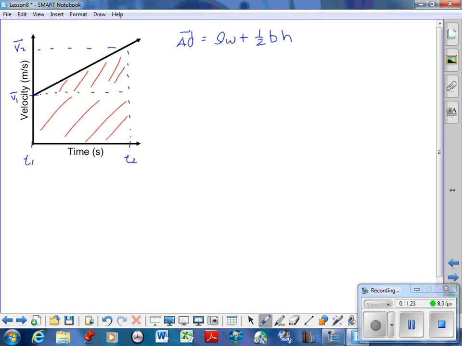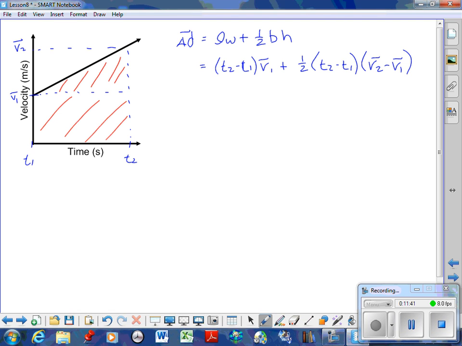It looks very similar to how we started the previous question, but I'm going to do a little bit different algebra this time. So the T2 minus T1, multiplied by V1, plus 1/2 the base, again T2 minus T1, times the height, V2 minus V1. So this becomes delta T V1 plus 1/2 delta T times V2 minus V1.